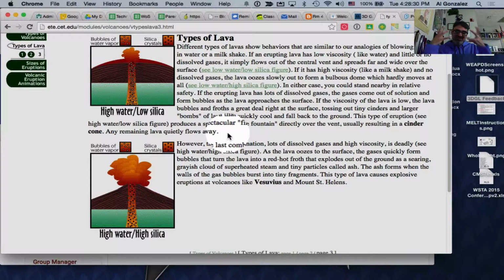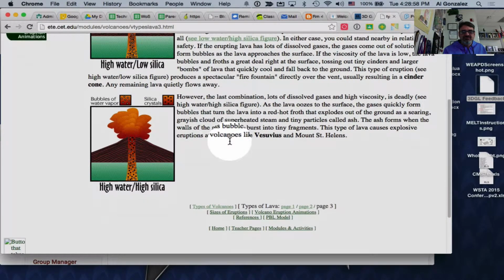So now you have an idea, and rewind this and listen to it again, of how to describe a low water, low silica lava and a low water, high silica one, and a high water, low silica, like this one, with so many bubbles, so much gas in there, and it's going to froth and bubble out and make those little bombs.